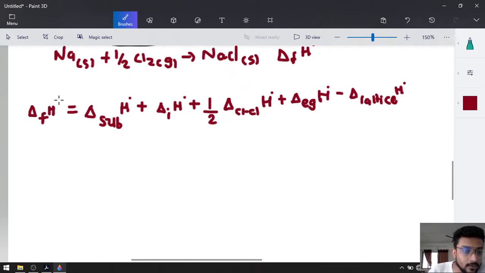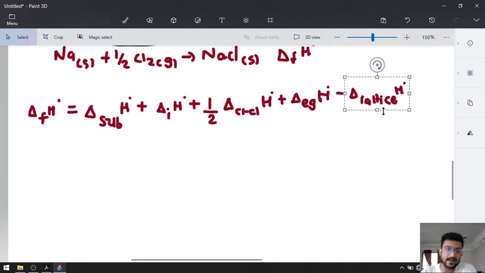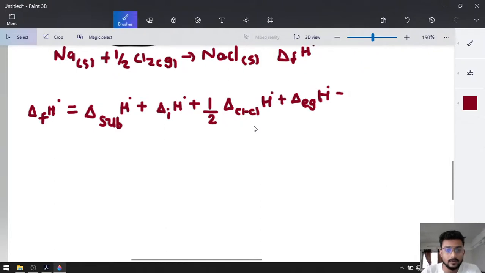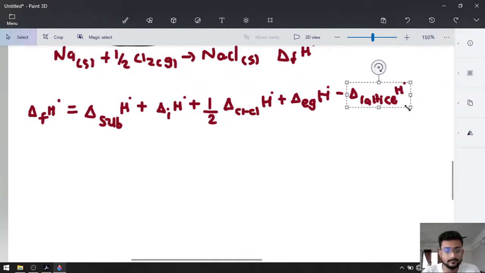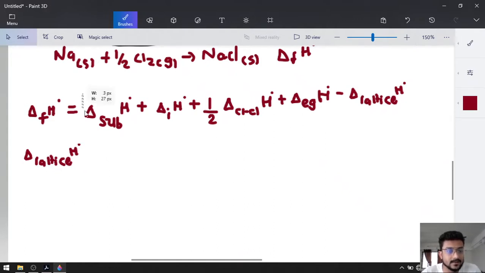Now what do we want to calculate? We want to calculate delta lattice H naught. So lattice H naught will be the subject of the formula. If delta lattice H naught comes to this side of the equal sign, it will give us plus the value of delta H naught, and this one becomes minus.